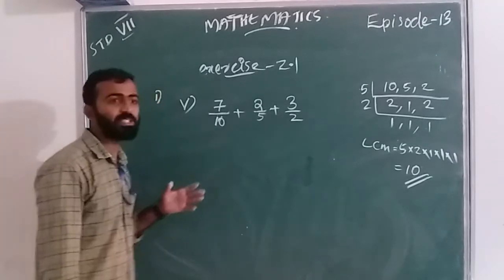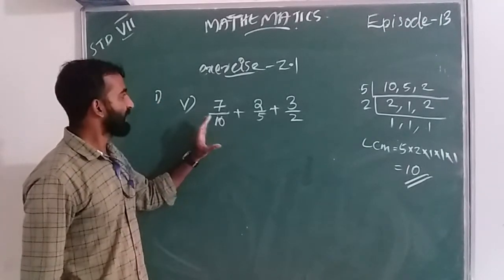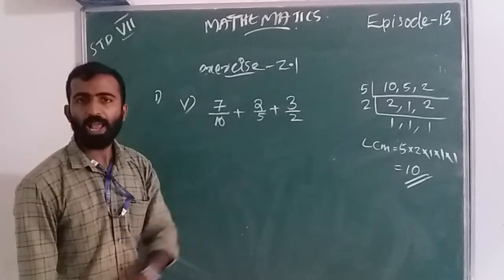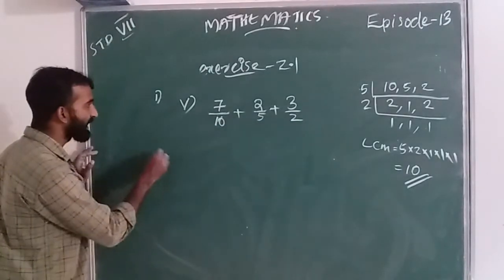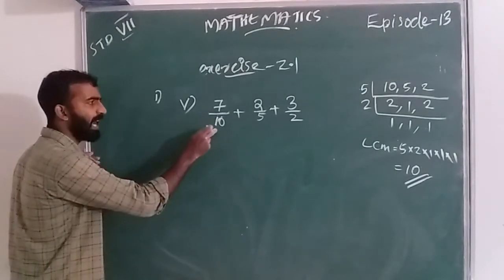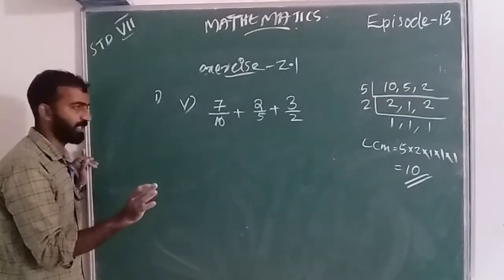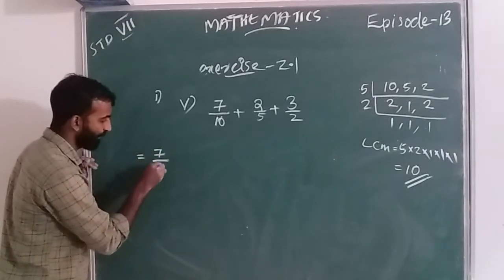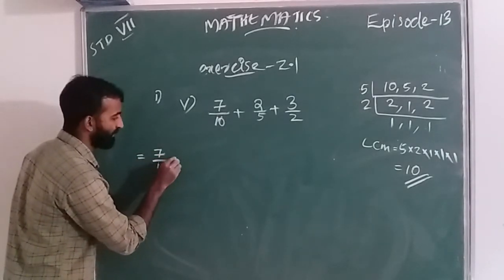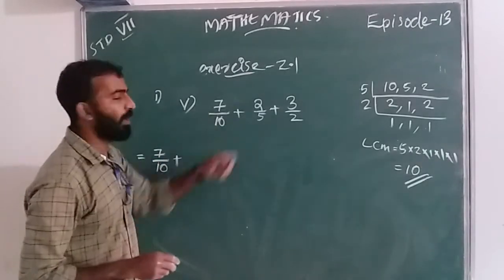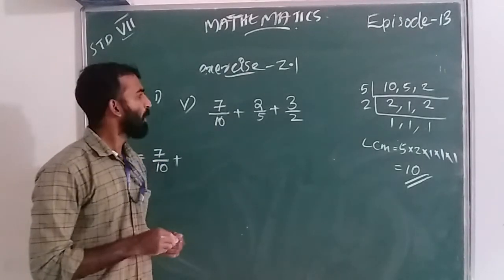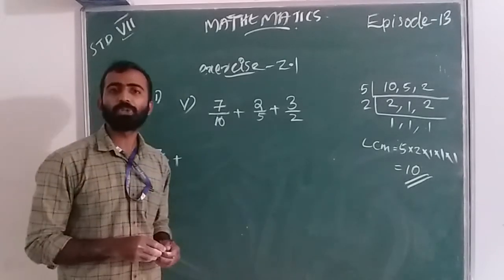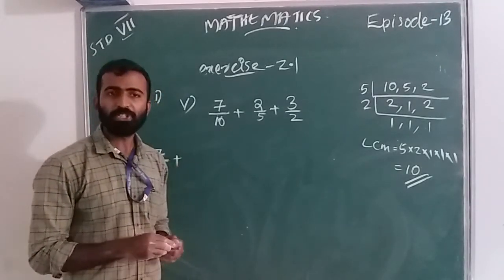Yes. Next, we want to convert the denominators to the LCM. Here it is already 10, so no change there. That is 7 by 10 plus, here the denominator is 5. Think which number multiplied by 5 gives 10.